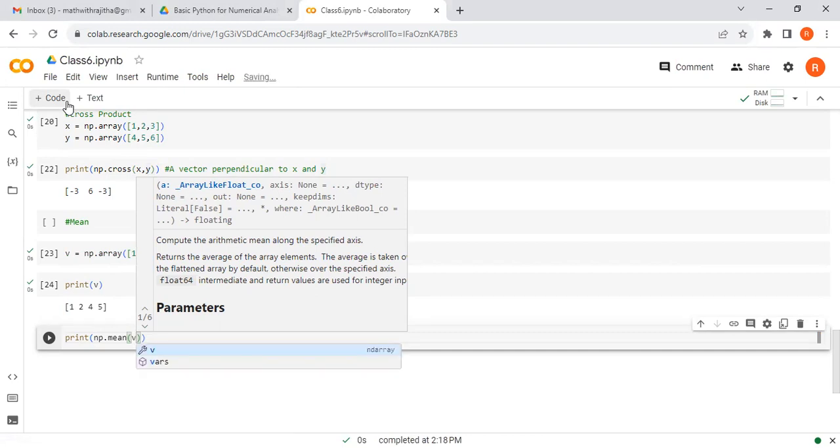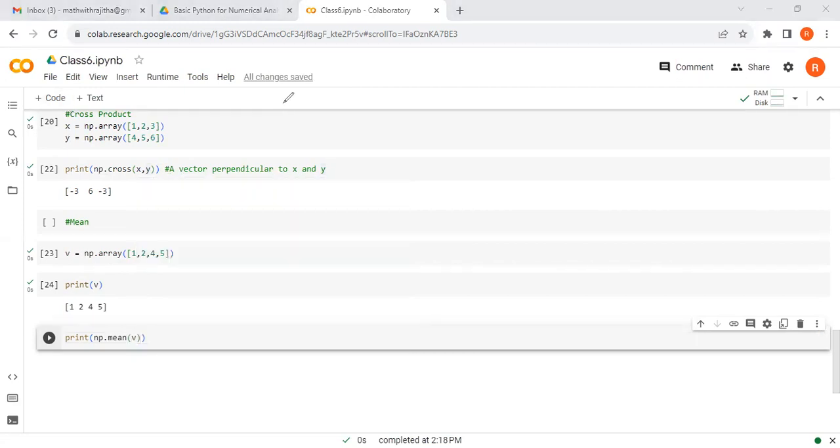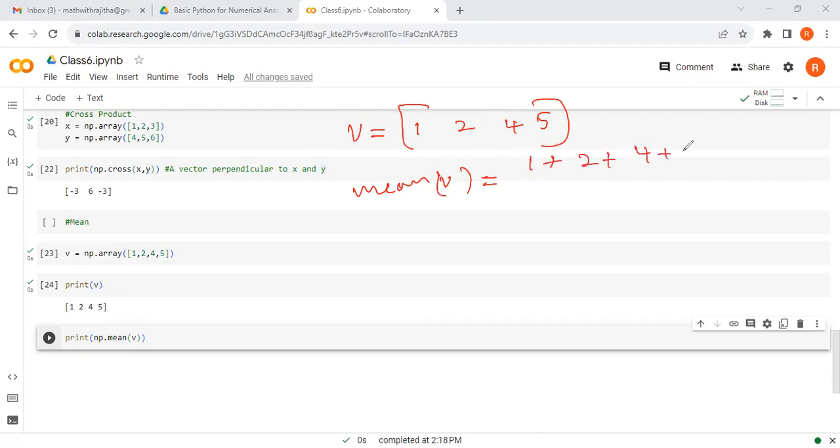What will I get here? I know that v equals 1, 2, 4, 5. Can I get the mean of this? It is 1 plus 2 plus 4 plus 5. We add up all the entries and divide by the number of entries.